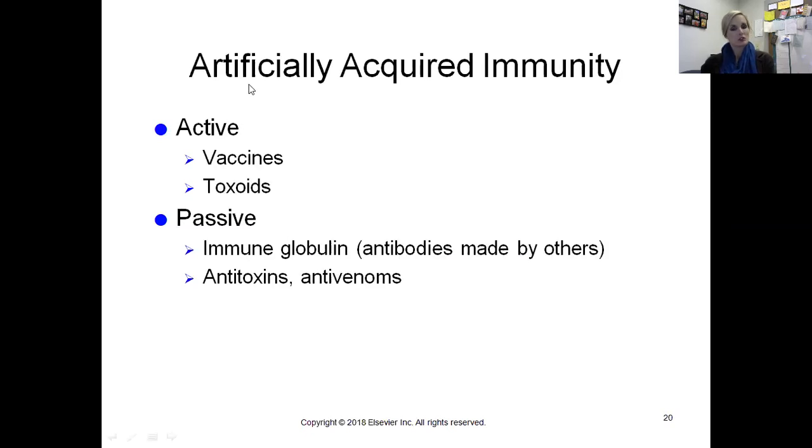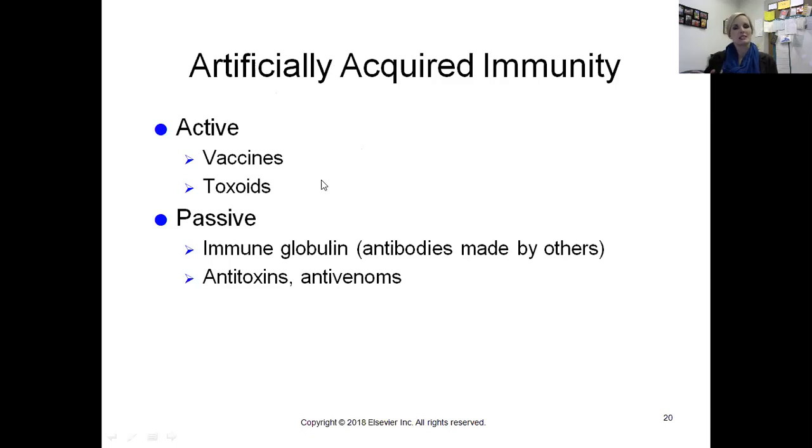Whereas artificial can also be acquired either actively or passively. Artificial active, once again, the term active means that we ourselves are creating our own antibodies, but we are artificially given the ability to do so. So this works through things like vaccines and toxoids.